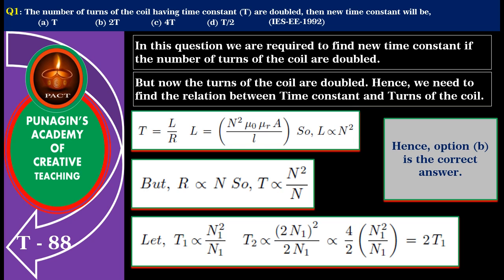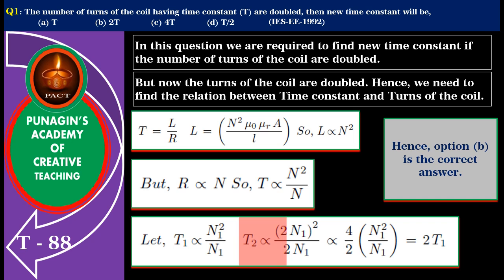We know that the inductance L is equal to N squared mu naught into mu R into A divided by l. So, L is proportional to N squared. But the resistance R is proportional to N. So, T is proportional to N squared divided by N. Now, let T1 be proportional to N1 squared by N1.